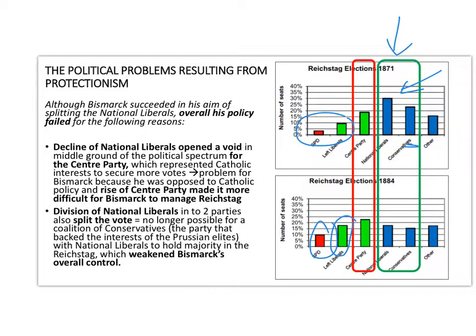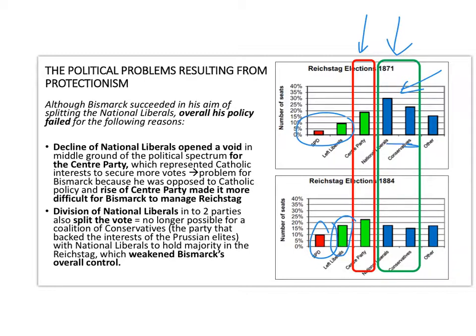But notice how the left liberals, those that broke away from the National Liberals, are likewise getting increasing support. So sat in the middle of that is the Centre Party, and the Centre Party are politicians, they're clever people. They know that Bismarck, the leader of the German government, to pass laws through the Reichstag needs to get a majority of votes in the Reichstag.